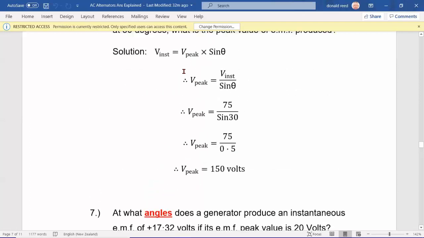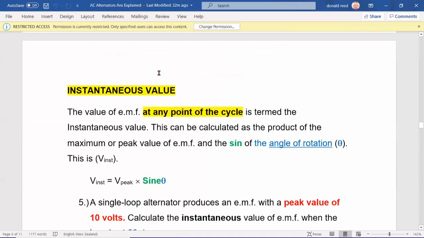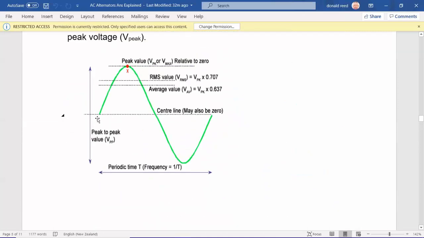If we have a look at our sine wave, it goes up and it goes down. So a point there is the same as the point there. So if there's 60 volts here, on the way down, it will also go past 60 volts.